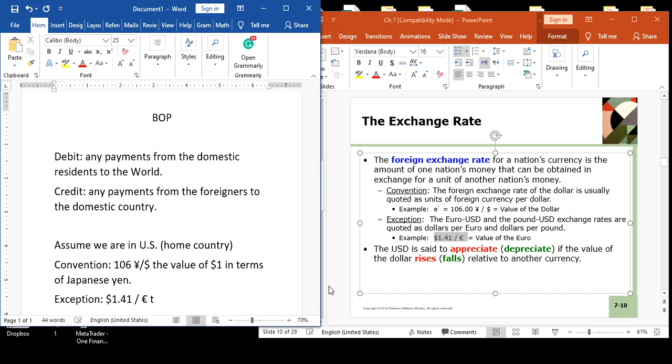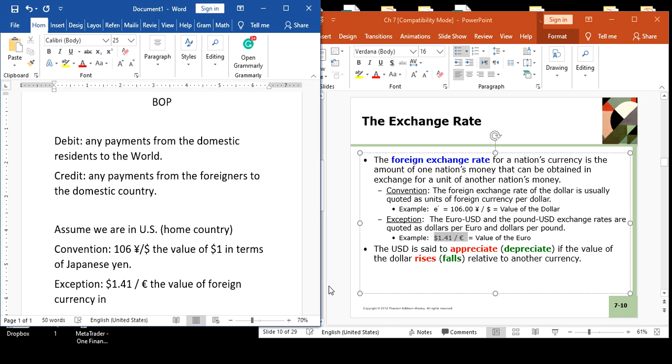The value of the foreign currency in dollars. The convention was the value of $1 in a foreign currency. The exception is telling us the value of the foreign currency in dollars.